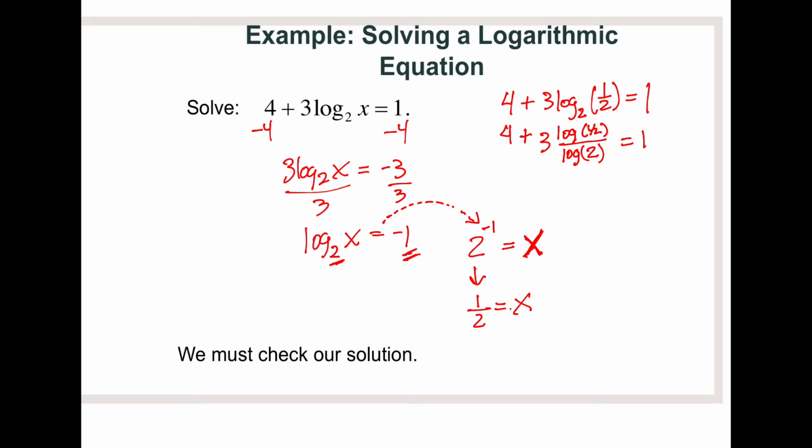If I go 4 plus 3 times the log of 1/2 divided by the log of 2, what do I get? Well, this all comes out to be equal to 1. See if you can plug that into your calculator and get the same result. So we can say that x is equal to 1/2.